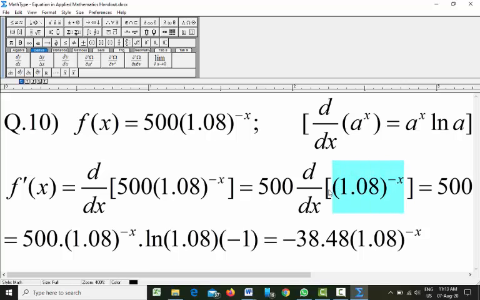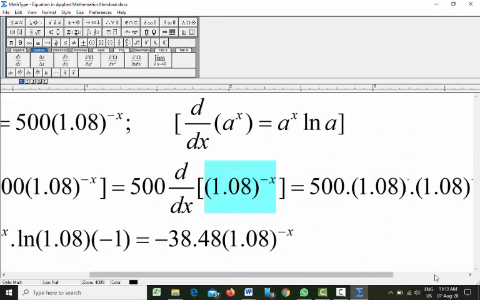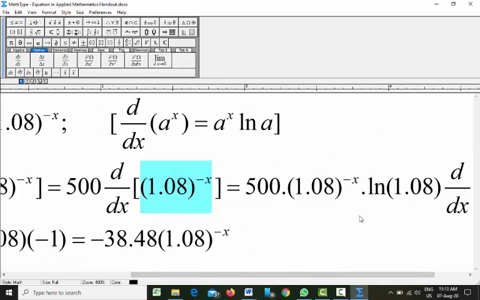As you can see, we have a power over a number, and if you want to do differentiation of this one, as I said before, if you have a power over a number, in that case, if you do differentiation, you will get exactly this one.